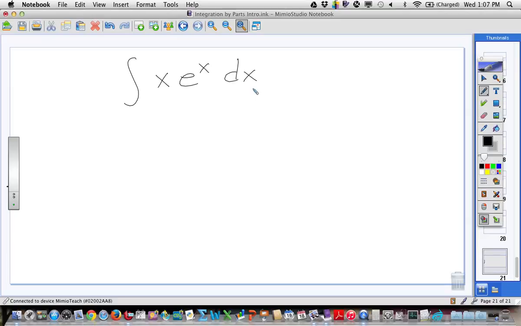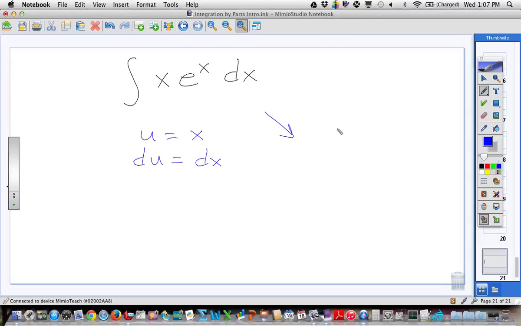Now, what are your choices for what you could let u equal? You can let u equal x. Now, this is funny. This has never come up before in this class, so don't write this down. But I always have some people think about it anyway. Let u equal x. Well, let's see what happens. du would be dx.